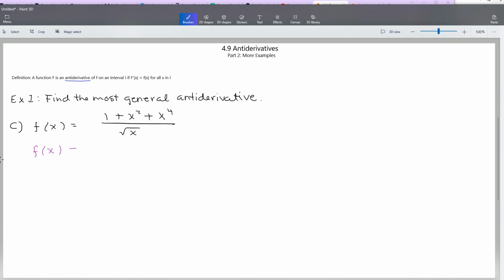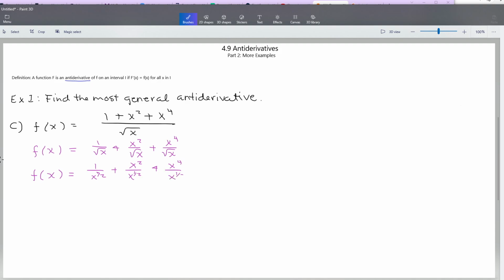So this is just the original function. So this is 1 over root x plus x squared over root x plus x to the 4th over root x. Okay, and we know that square root of x is really x to the 1/2. So this is 1 over x to the 1/2, this is x squared over x to the 1/2, and this is x to the 4th over x to the 1/2.